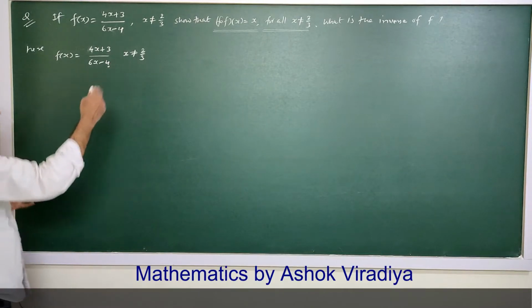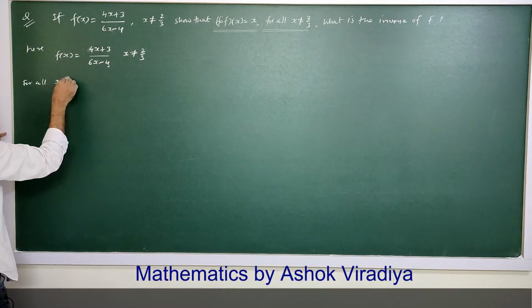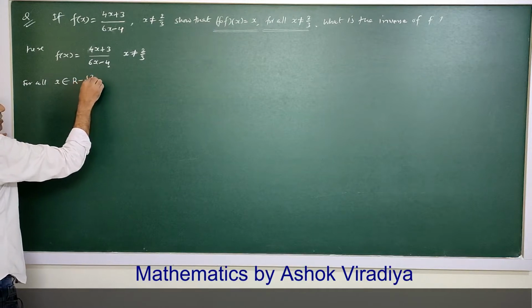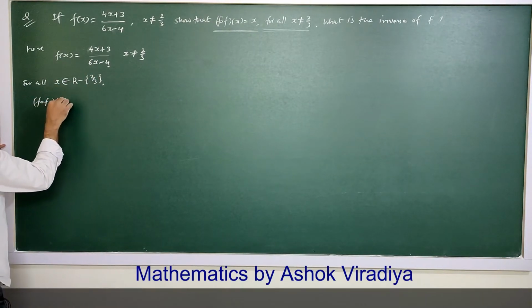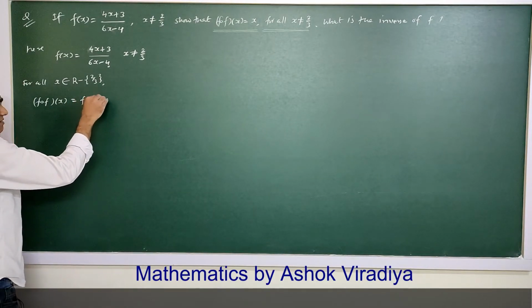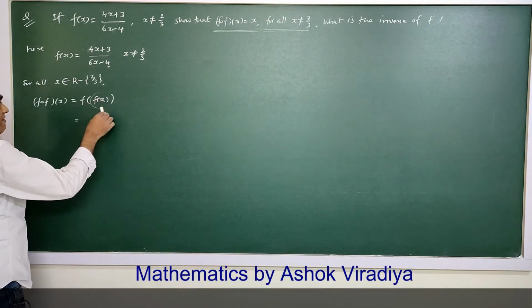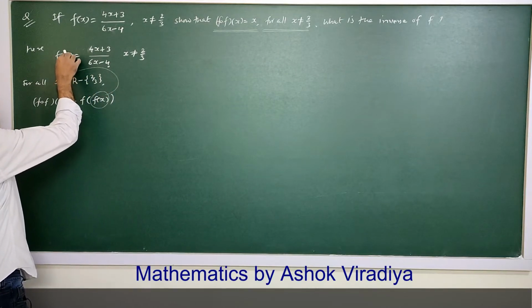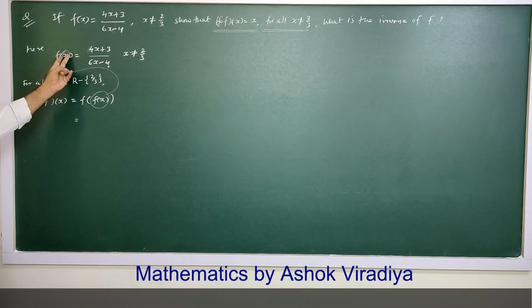Now we find fof(x). For all x not equal to 2/3, that means for all x real except 2/3, fof(x), the composition of the function with itself, is equal to f(f(x)). Now in f(f(x)), we are going to put f(x) here.